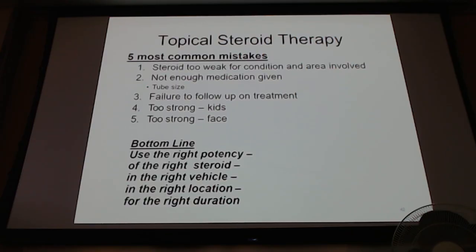Failure to follow up on the treatment, so you're not bringing them back to check on them. It's too strong for kids, too strong on the face, right? Those are things. So the bottom line, use the right potency, the right steroid, the right vehicle, the right location, and the right duration. So it's breaking it down into all of those things.